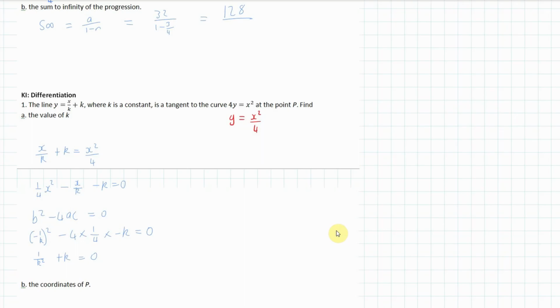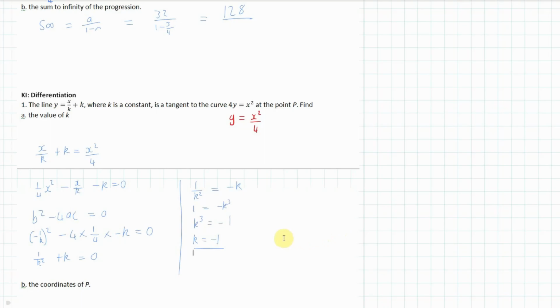And at this point, I'll go 1 over k squared equals negative k, and so I'll get 1 equals negative k cubed, so I get k cubed equals negative 1, and so k equals negative 1. Oh yeah, that wasn't so hard, was it?